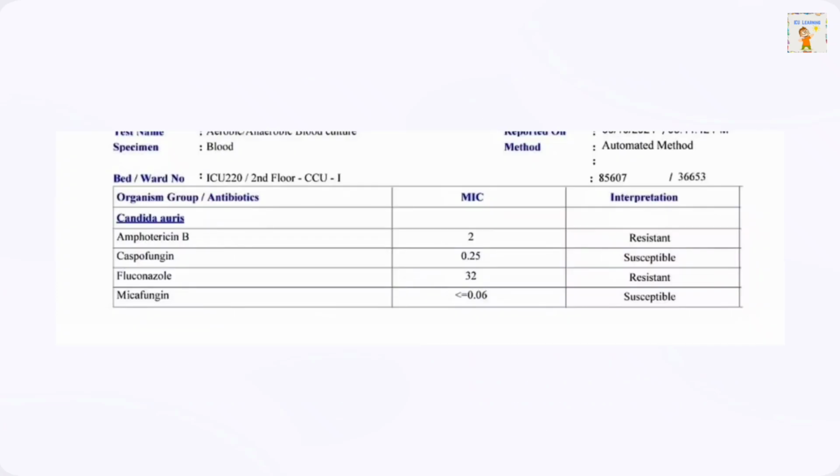Now enough about bacteria and some discussion about Candida. So if you see this report, this is Candida auris, and if you see, it is resistant to amphotericin B and fluconazole and susceptible to caspofungin and micafungin. This is a relatively new infection which has been detected in patients with multi-drug resistant infections and who have prolonged antibiotic treatment and whose immunity is also not great.